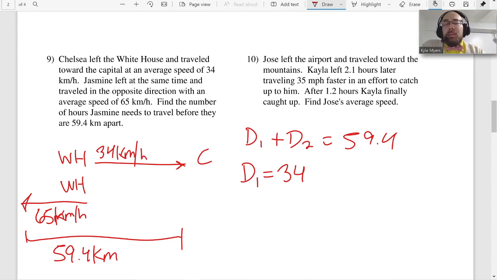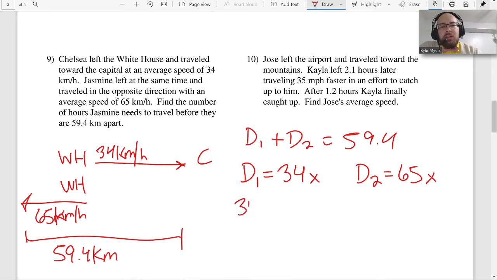Because they're both affected by time the same way, and they're leaving at the same time. So it would be x hours for Chelsea, and then for Jasmine, she's traveling at 65 kilometers per hour, and it's x hours for her as well.